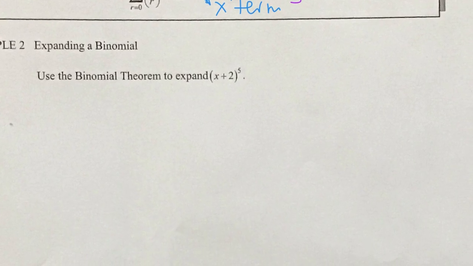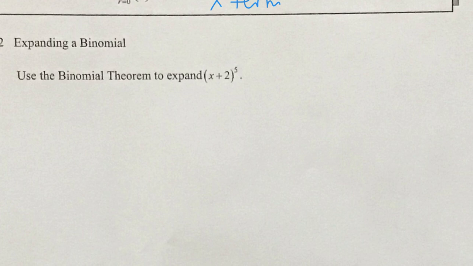Okay? So let's use that pattern to expand x plus 2 to the 5th power. Okay, so I'm going to call this my A term. I guess A was blue, so let me change back to blue. My A term and my B term, since it's not always x and y.